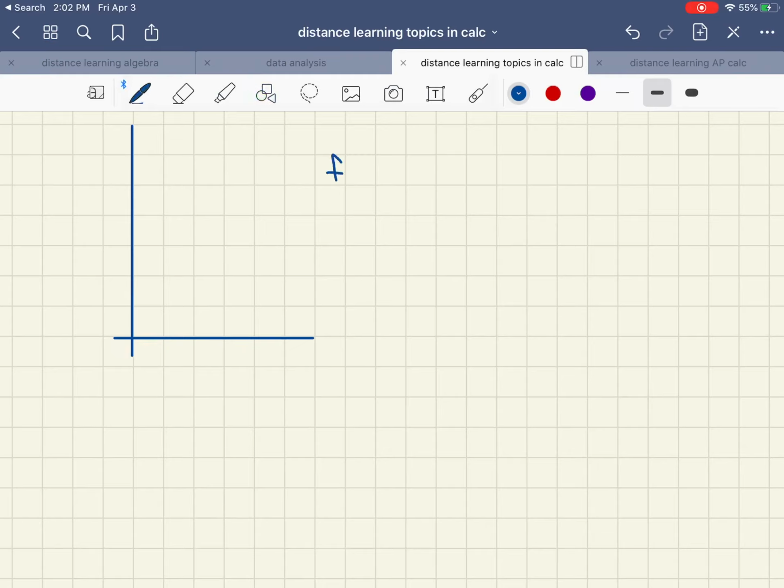And I'm going to change the function. So I'm going to say, let's use f of x is equal to 4 minus x squared. All right. And we're going to go from 0 to 2. So that function looks like this.